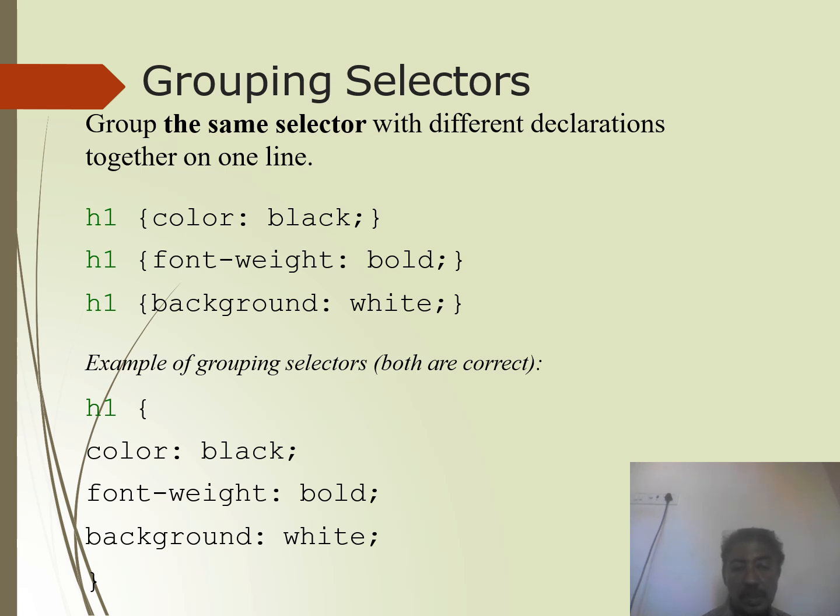Then separately we have that grouped using a single H1. Therefore, color black, font white with bold background. Therefore, grouping selectors is also permitted. Within one selector, it is possible to use more than one declaration value.